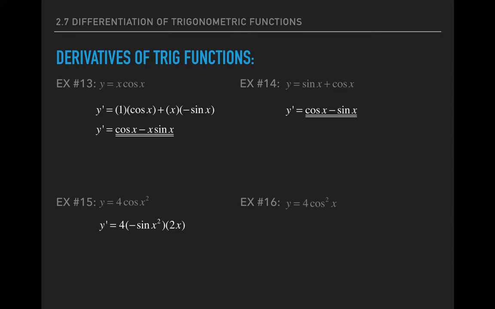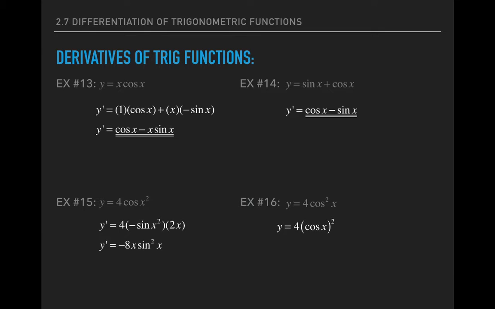And then the inside function, go ahead and take the derivative of that, and that will be 2x, which means you can simplify this, and it would be negative 8 times x times sine x squared.